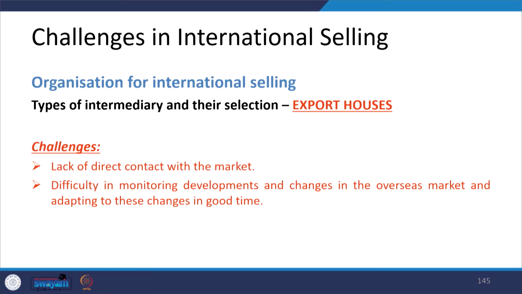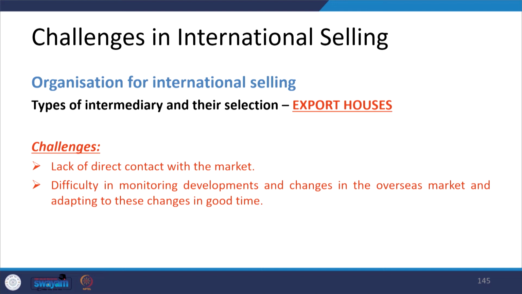Again, there are challenges related to export houses as well. For example, lack of direct contact with the market. You are not connected directly to your customers or your salespeople. You can only advise or instruct export houses to follow a certain selling methodology, but it's not guaranteed that it will be replicated by salespeople in the field.